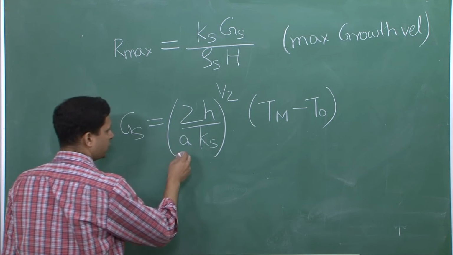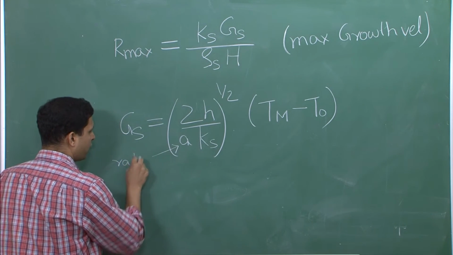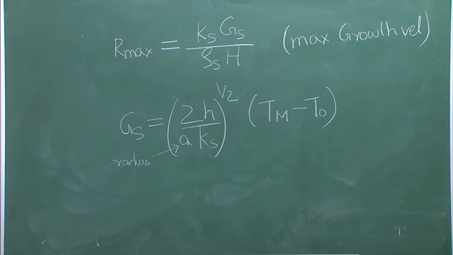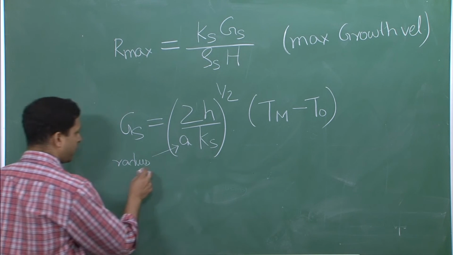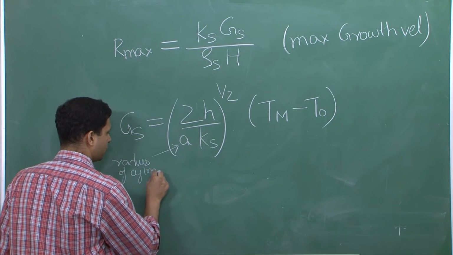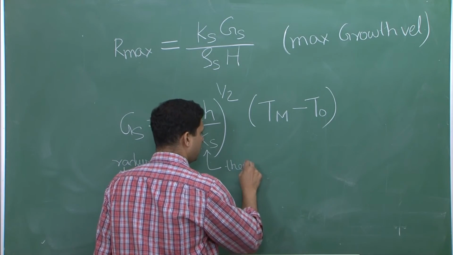So just quickly let us take a look at what are these different values. A is the radius. For derivation of this particular GS equation, we have assumed that the crystal that is growing is in cylindrical shape, and A is the radius of the cylinder. Ks is the thermal conductivity.